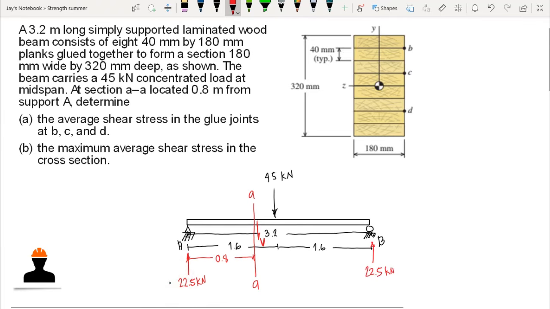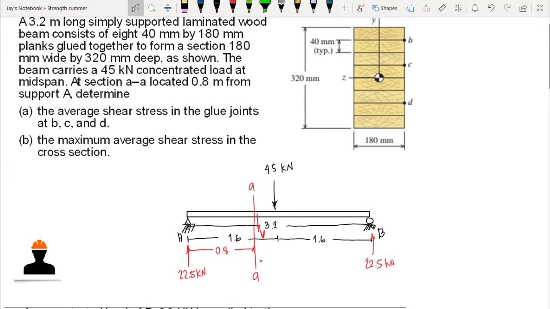Now how are you going to compute for V? You can use either moment equation or shear and moment diagram. But since we do not have a force acting from A to section AA, then we could say that our reaction at A is equal to our internal shear force.